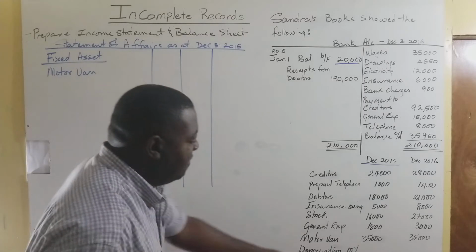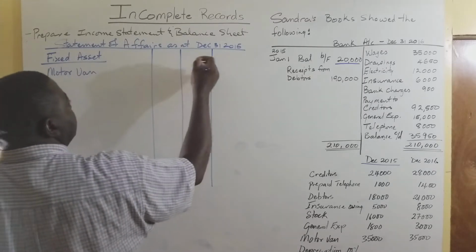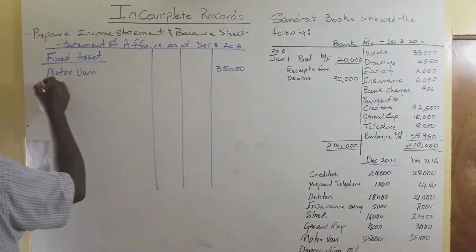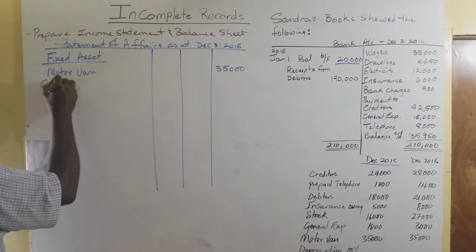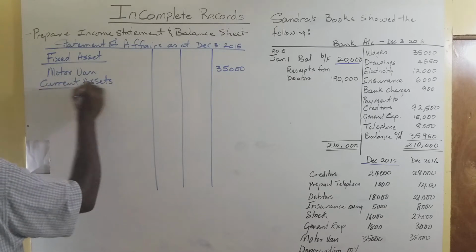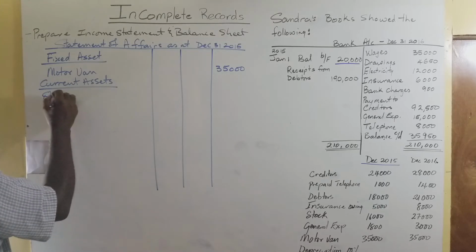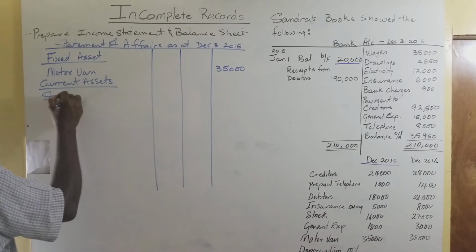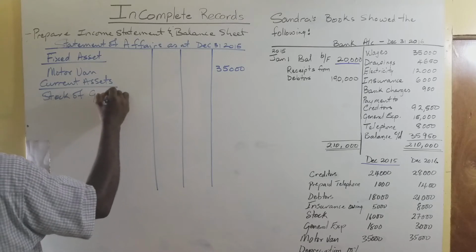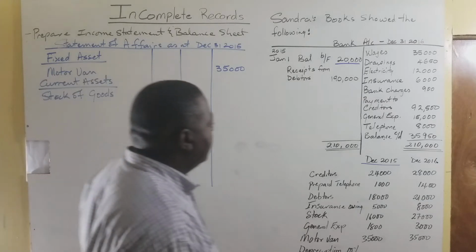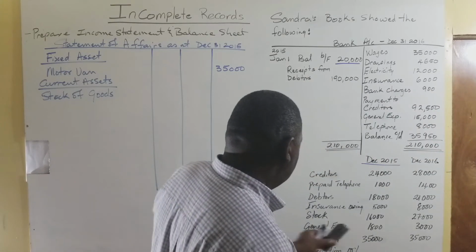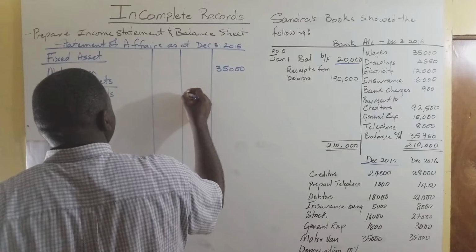And the motor van figure is $35,000. All right, we go right away to look at current assets. And we're starting with our stock. Stock of goods. And the stock of goods figure, we're told it is 16,000.